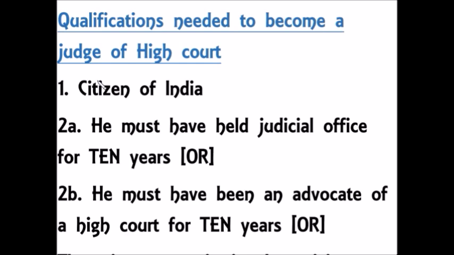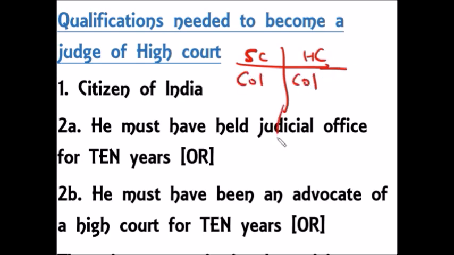Here let's compare these with the qualifications needed to become a Judge of the Supreme Court. Citizen of India, there is no problem. And for the Judge, a person must have been a Judge of the High Court for at least 5 years.